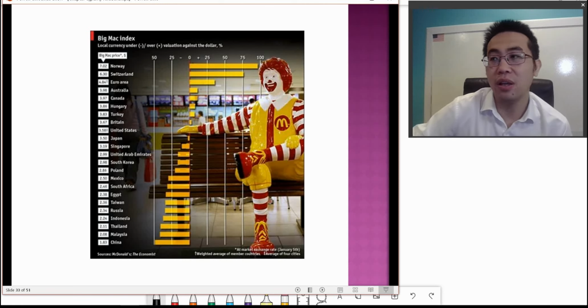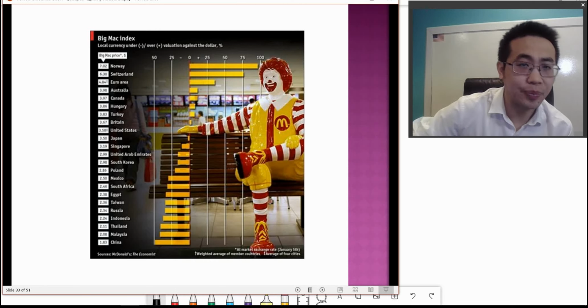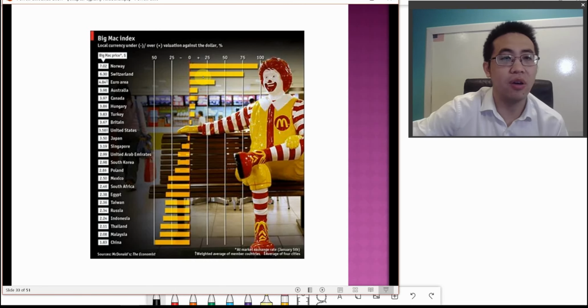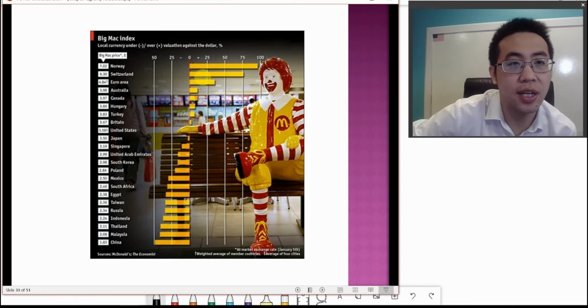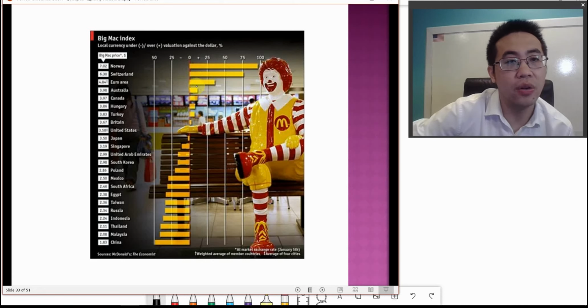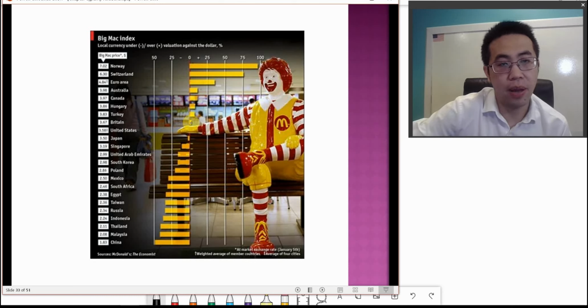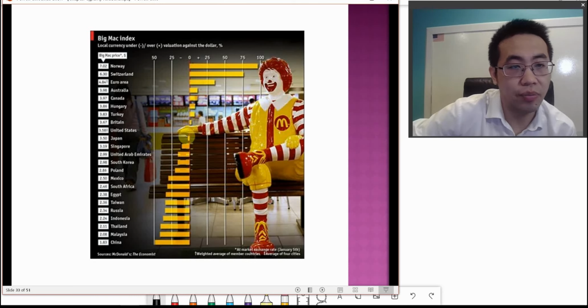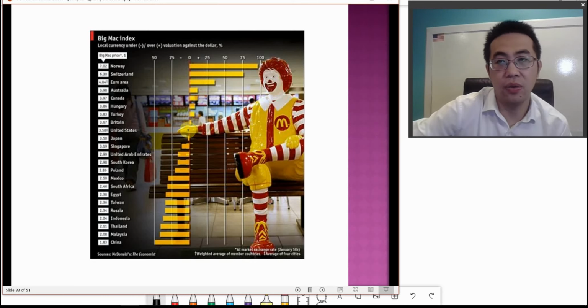So you can buy only half as much in Norway with your US dollars compared to what you can buy in the US. The other overvalued currencies would be the Swiss franc, euros, Australian dollar, and British pound. There's no data for the United States because there's no exchange.